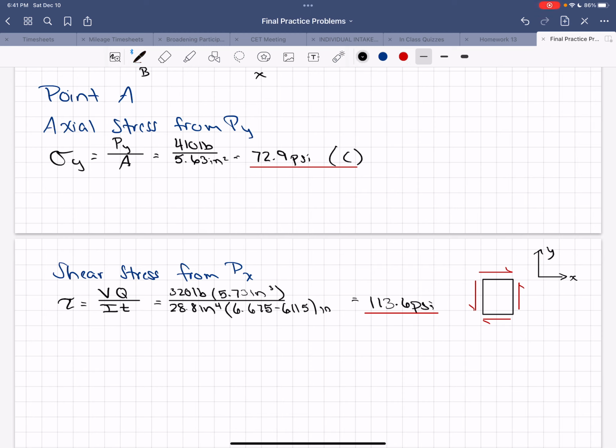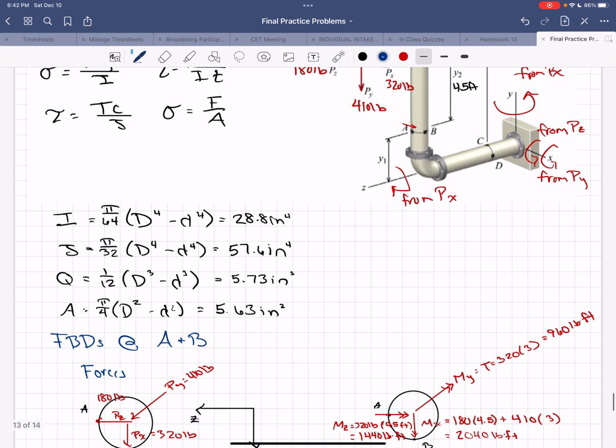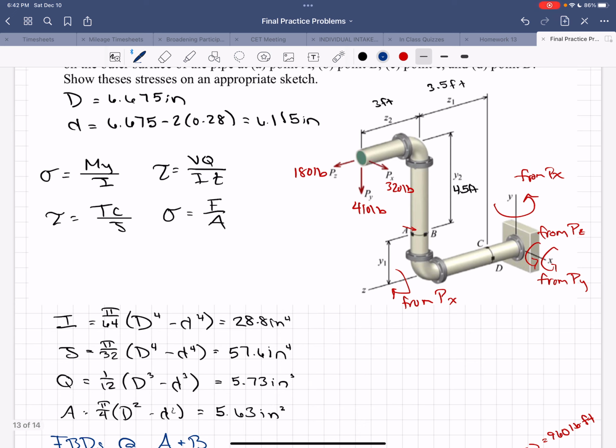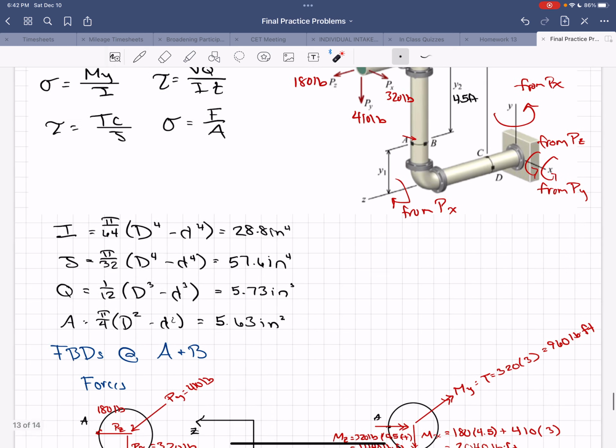Now we have the bending normal stress from the moment about X. And remember, that was the moment from PY and the moment from PZ, so this was a combination.